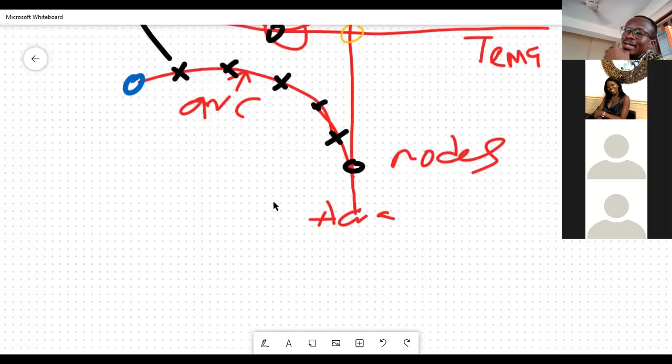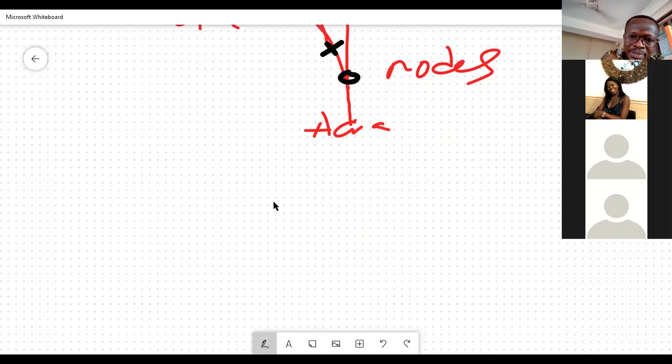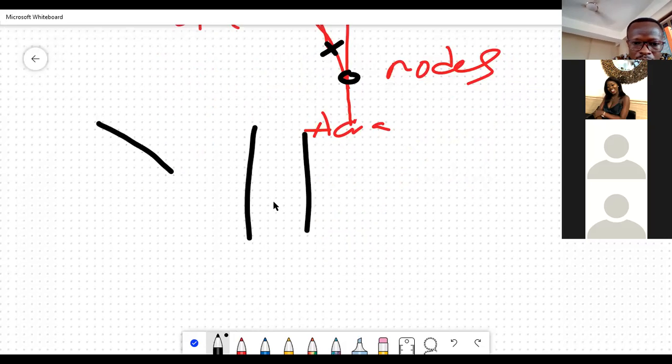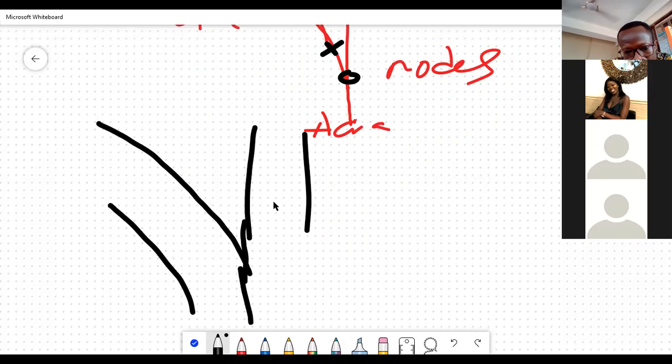Yes, that's true. I understand what you're saying. So this is the road going here. These are those coming from Winneba, and they're allowed to go in their own lane for a while before they interact with these ones. Is that not so? Thank you, sir.